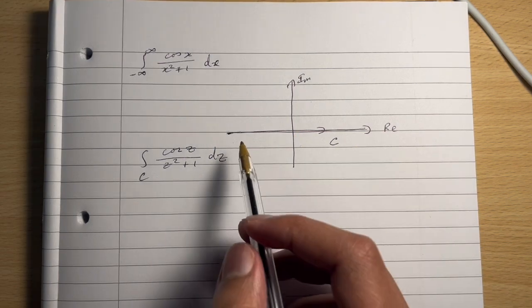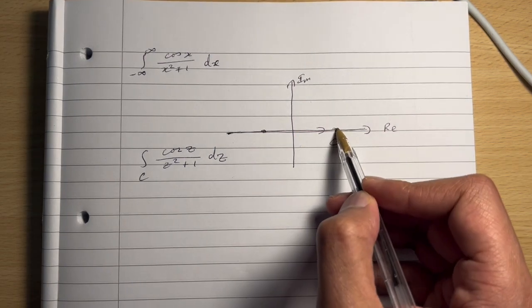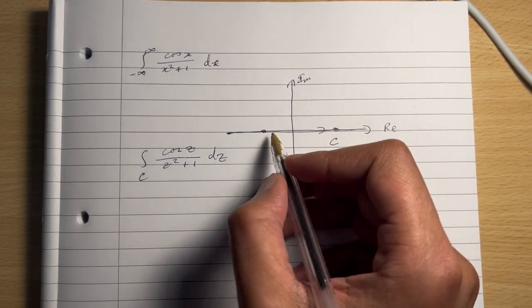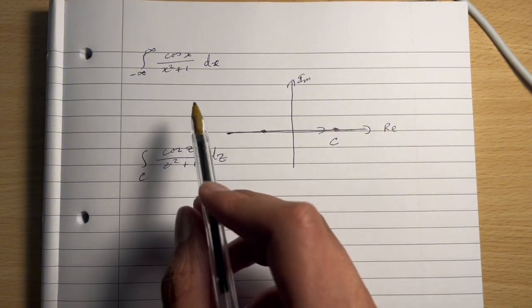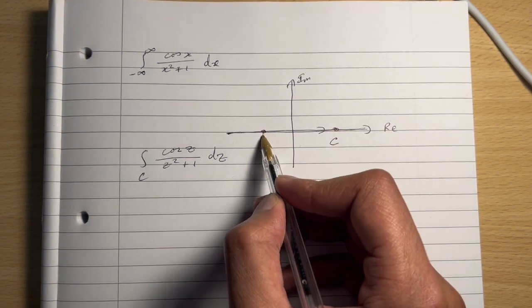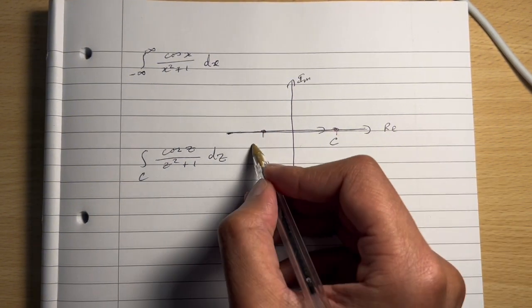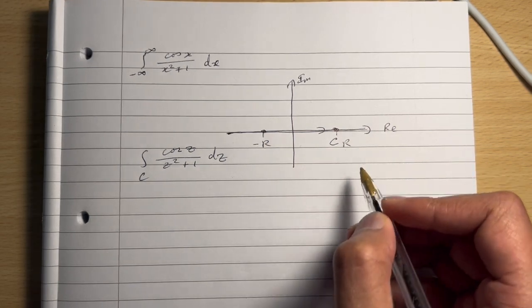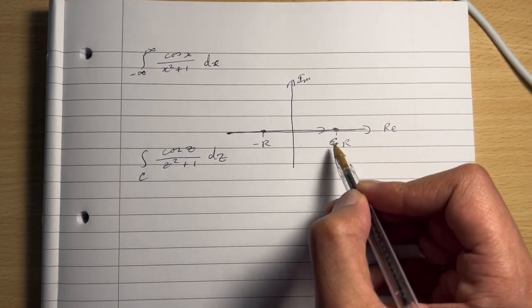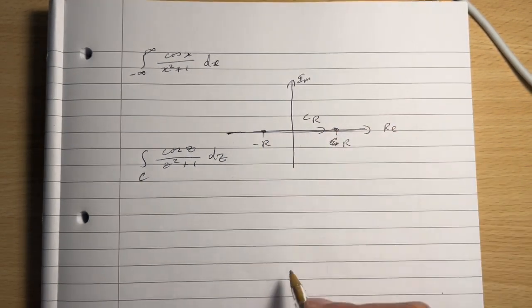But to do it this way, we're taking 2 points like this, and then taking the integral. Let's say this distance here is minus r to r, and this curve C depends on r.